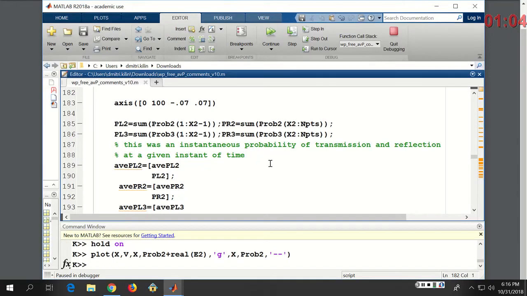Okay, so we set up the variable x2 as a midpoint in our grid points, and then we add together all values of the probability distribution from 1 to this midpoint and call it probability on the left, and then we add together all values from the midpoint to the number of points.